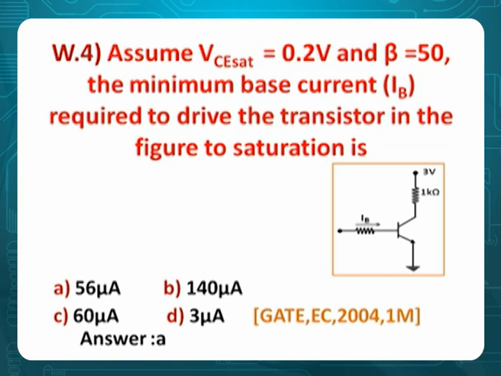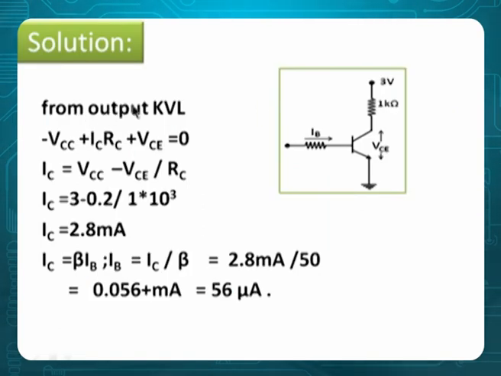Problem 4. Assume VCE is at 0.2 and beta is 50. The minimum base current IB required to drive the transistor into saturation. That's a very simple, a very interesting condition available here. Suppose, take the output KVL here.